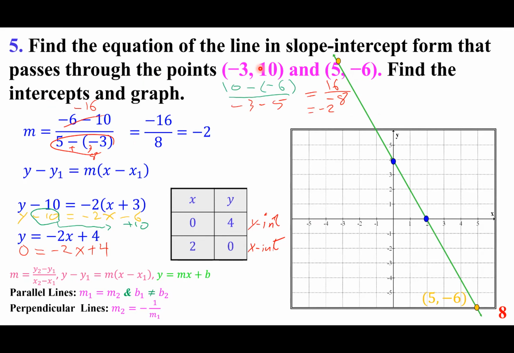I highly recommend, if you use this pair, you get to the same answer, you check it with the pair that you haven't used. We didn't use this pair to come up with the equation. So go to this equation, replace the x with 5. Minus 2 times 5 is minus 10 plus 4. Do we get minus 6? The answer is yes. That's how you check it. Always check your work if you can.